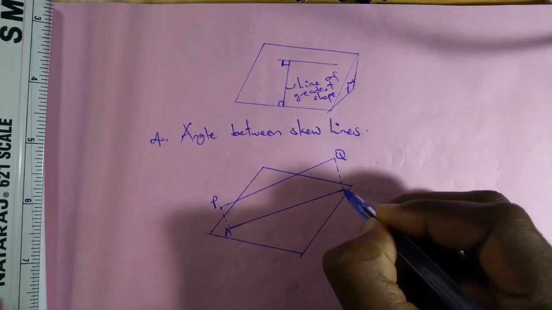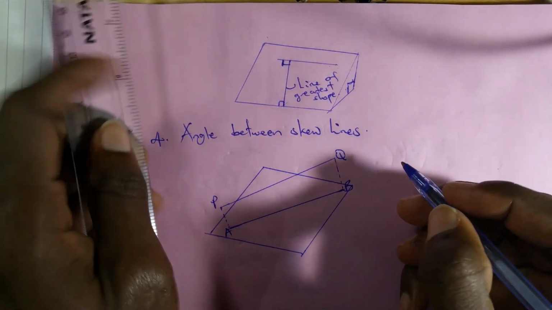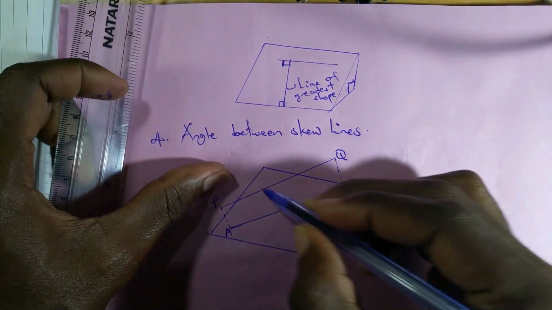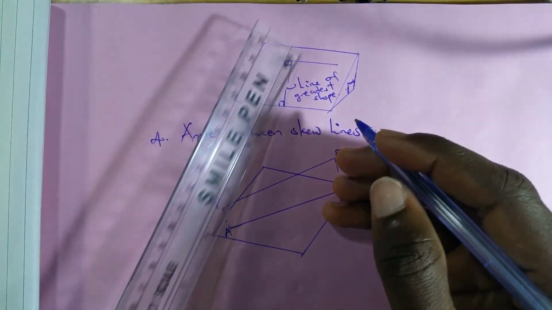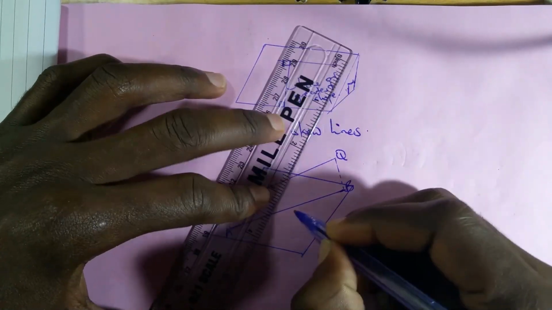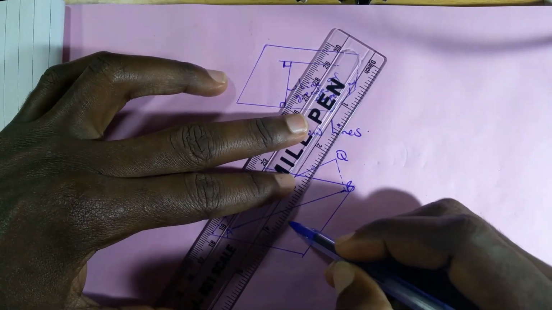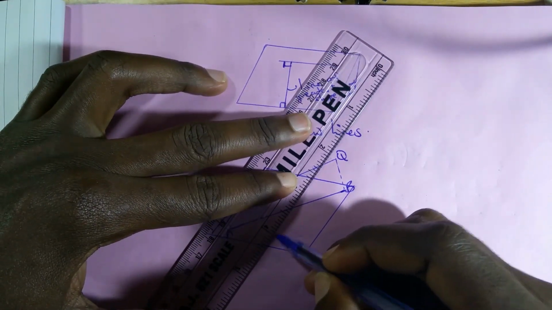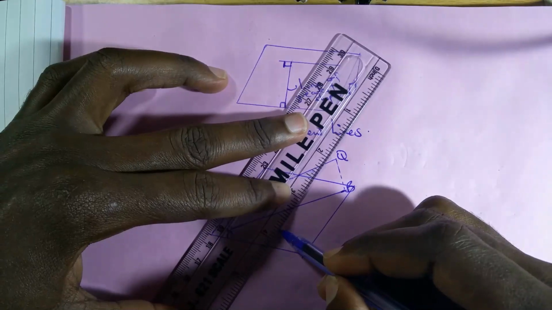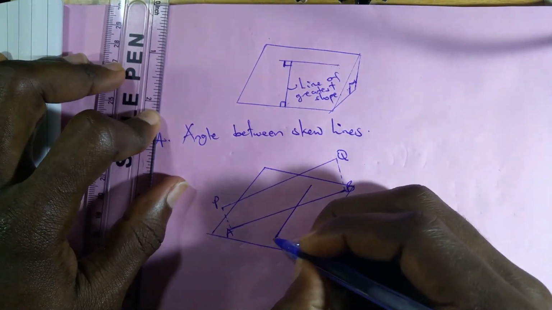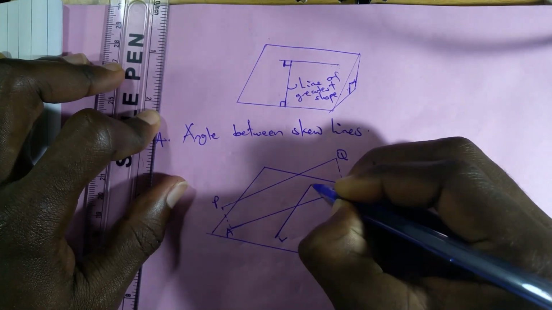Let's name that AB. Now let us consider a line on this plane, let me say LM, which is not parallel to that line and not meeting the line PQ, but is crossing the shadow of PQ like I demonstrated before.